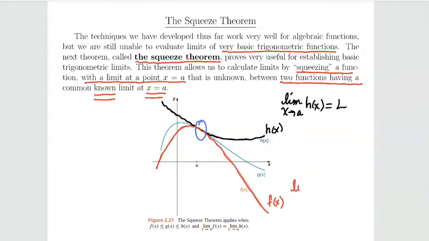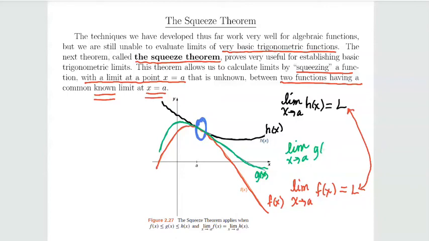But this limit as x approaches a of f of x is also known. And we should be careful here: the limit is also equal to the same limit that h of x has. So these two are equal. Then we can put inside of them another function with an unknown limit, which we'll call g of x. Right now the limit as x approaches a of g of x is unknown. We're going to use the h of x limit and the f of x limit to determine it.